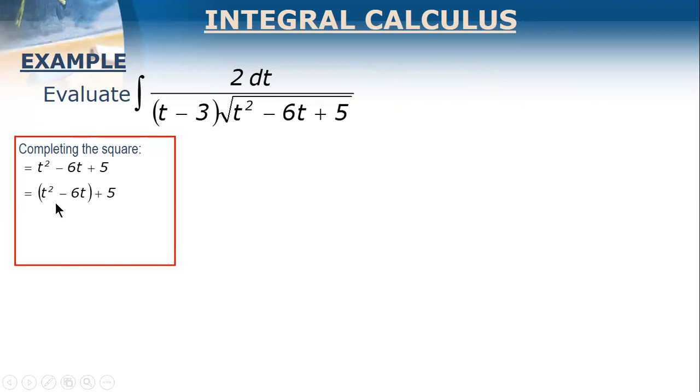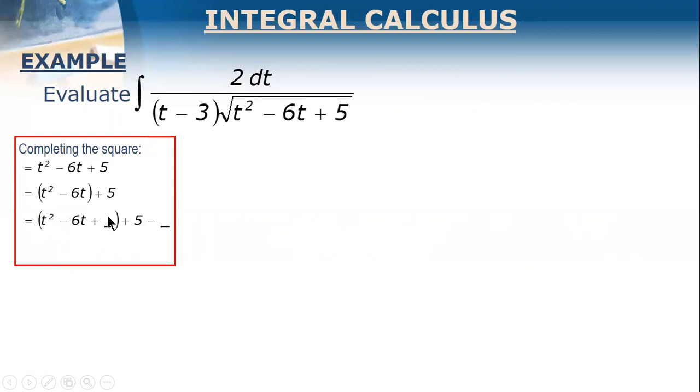Let's group this t squared minus 6t and then 5. To make this a perfect square trinomial, we are going to add a third term, but at the same time, we will subtract the same term so that it has no effect on the original condition. So in effect it's zero.